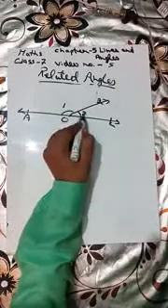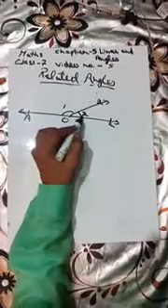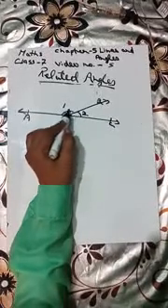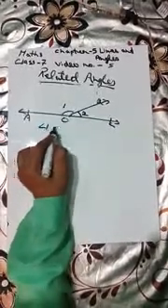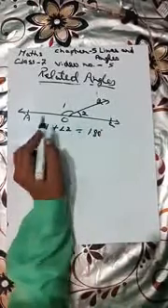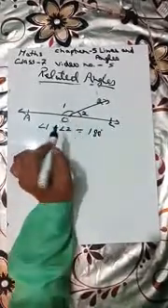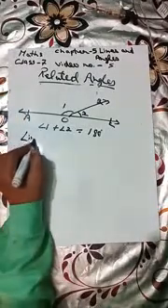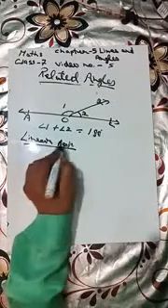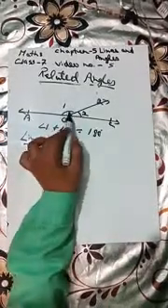This is angle 1 and this is angle 2, but because they are on a straight line, when you add them, the sum will be 180 degrees. So these two are called a linear pair. Linear pairs are two adjacent angles whose sum is 180 degrees.